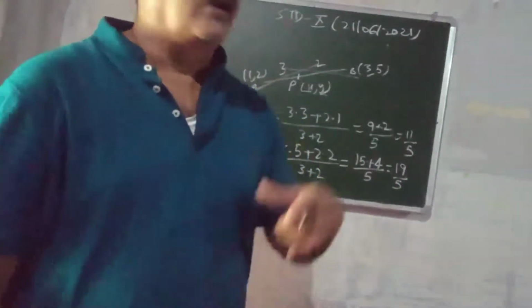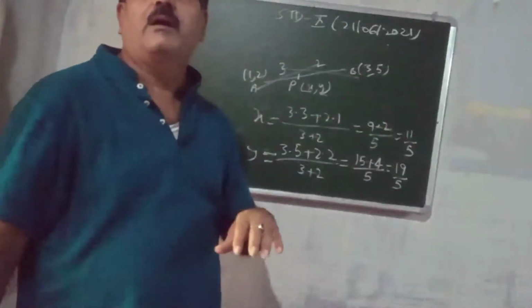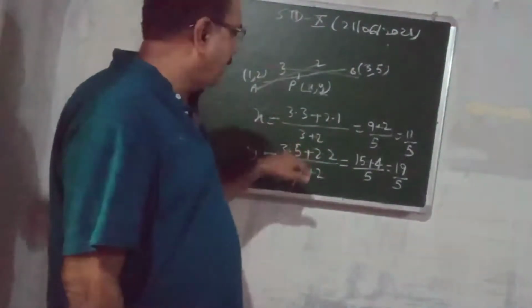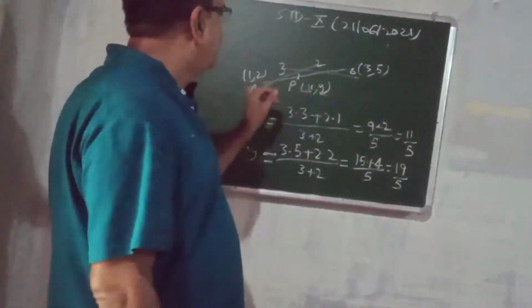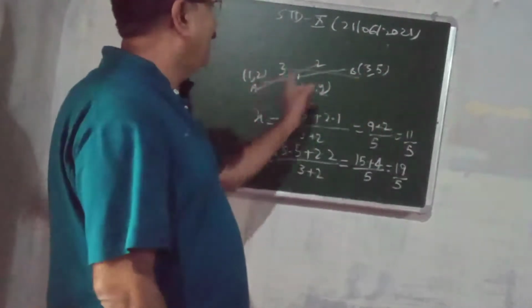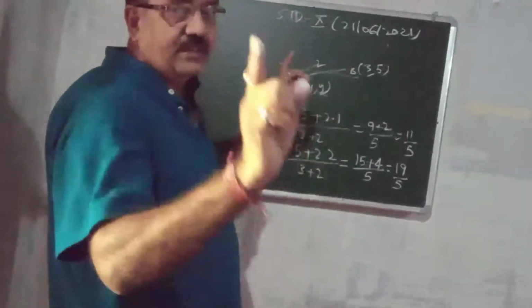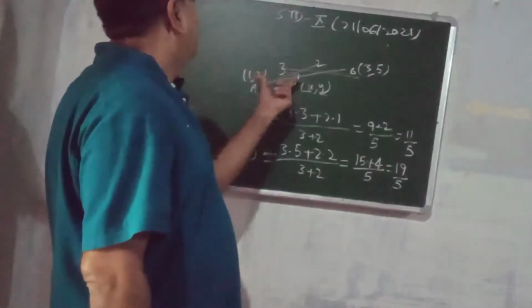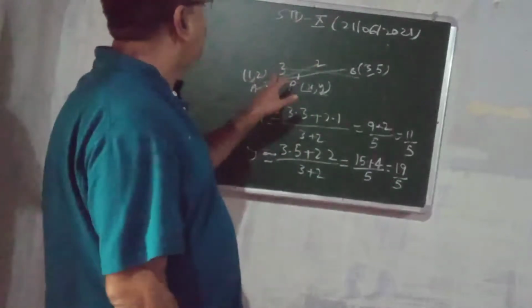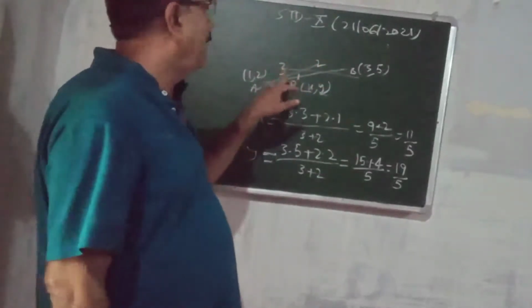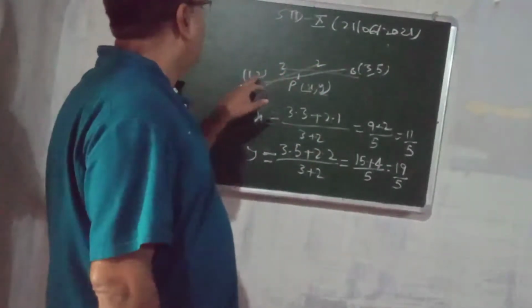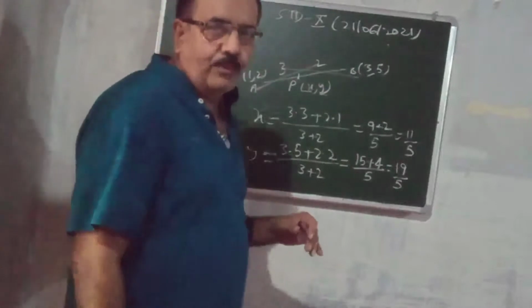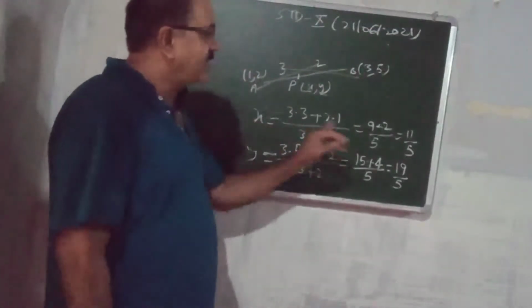So by using the section formula, we are able to find the x and y coordinates of P, which divided the line AB in the ratio 3 is to 2, with m as 3 and n as 2, where A is (1, 2) and B is (3, 5).